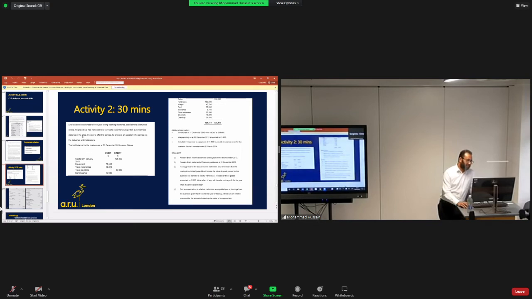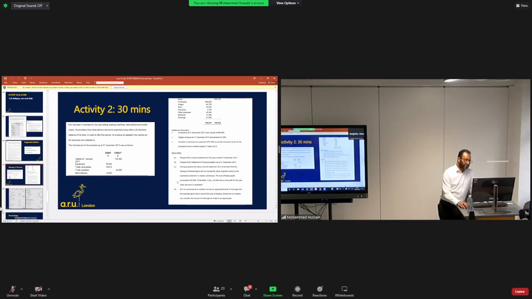So this is the activity. It says required: prepare the income statement as at 31st of December 2013, and prepare the statement of financial position at 31st of December 2013. Having prepared the above income statement, Eric remembers that the closing inventory figure did not include the value of goods owned by the business but stored in a nearby warehouse.